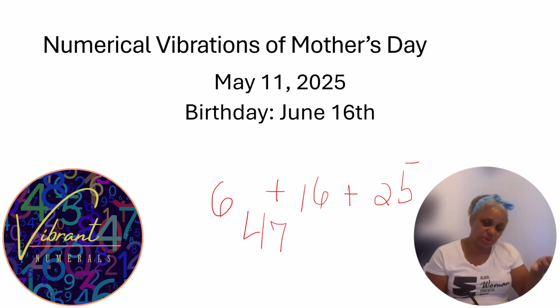And so for this person born on June 16th, it's a 4711 day. And so this is very resonant with that Mother's Day name. And so now you have this 11 is amplified for this particular person.